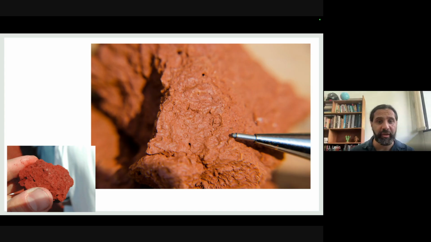Because of this chemical dispersion at the surface, you have some clay movement, some clay eluviation from the A horizon to the B horizon that could form clay skins. But much more important than this, you create a huge difference of clay content between the A and B horizons. So you have a huge amount of clay in the B horizon and a very low content of clay in the A or even E horizons.